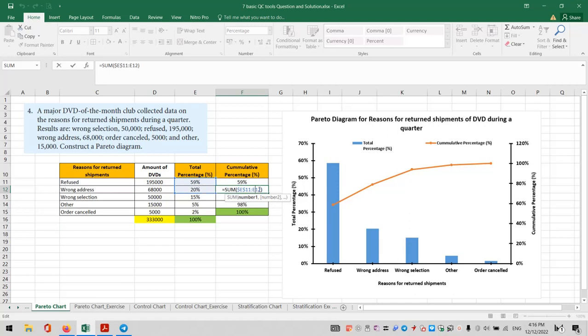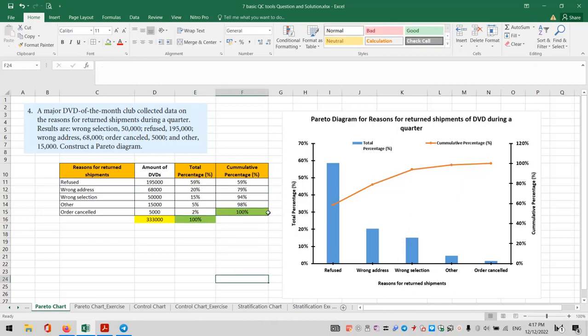Then you get the cumulative percentage. For row number 3, you need to add up all three values: refuse, wrong address, and wrong selection. Then you get this answer. Same goes for other, and at the order cancel you get 100%. So the total here and here should be 100%.